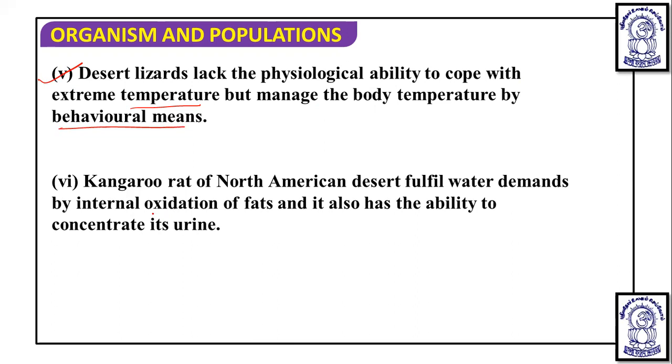The next adaptive mechanism is seen in the kangaroo rat, found in North American deserts. It is capable of meeting its water requirement through the internal oxidation of fat, where water is released as a byproduct.